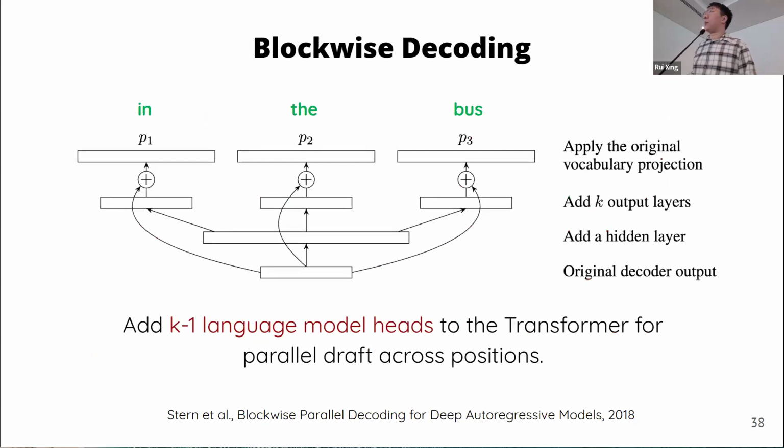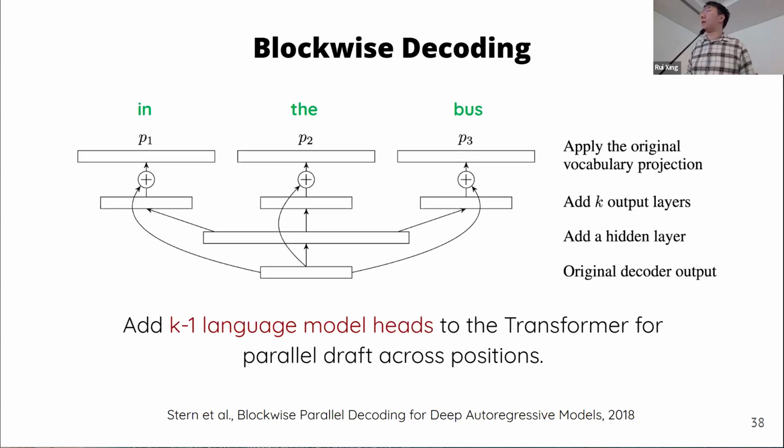Because blockwise decoding employs different proposal models to predict tokens in different positions, you can imagine you want to generate the next token and the subsequent tokens at the same time in parallel. So it adds some more language model heads to the original transformer architecture to draft in parallel across positions.